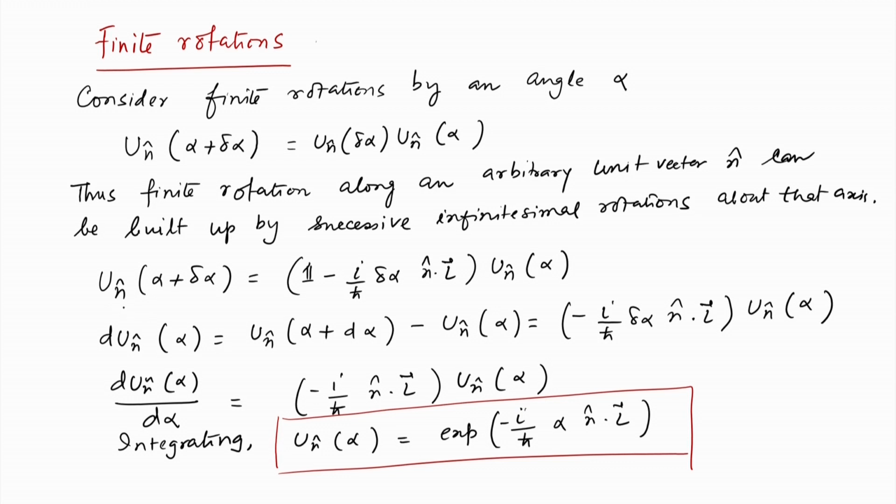Now, if I do this, dUn, which is equal to Un cap alpha plus delta alpha minus Un alpha, becomes equal to this.